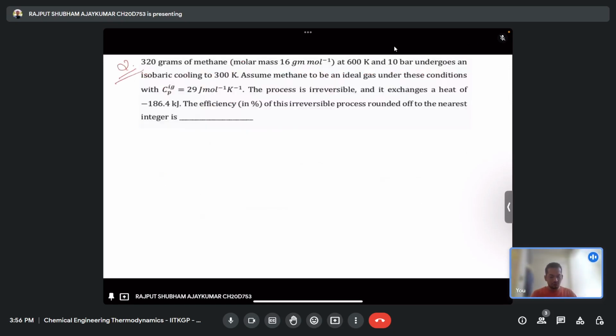Let's solve two more quick questions for today, and then we'll wind up today's interactive session. The reason I'm solving these questions is to brush up the concepts over the entire weekend.